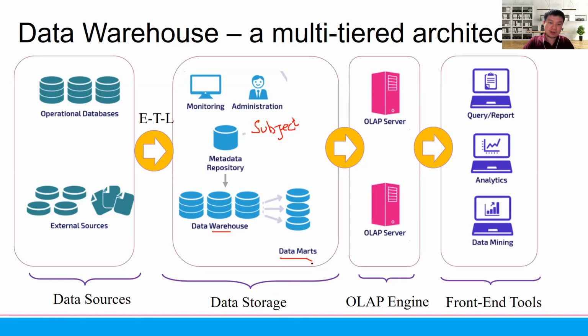After we have these data marts, we can put that data into the OLAP server. Do you still remember OLAP? OLAP is online analytical processing. Once we set up the OLAP server, we can do what we need for the analysis. For example, we can do queries or reports, we can do analytics, and we can do data mining.